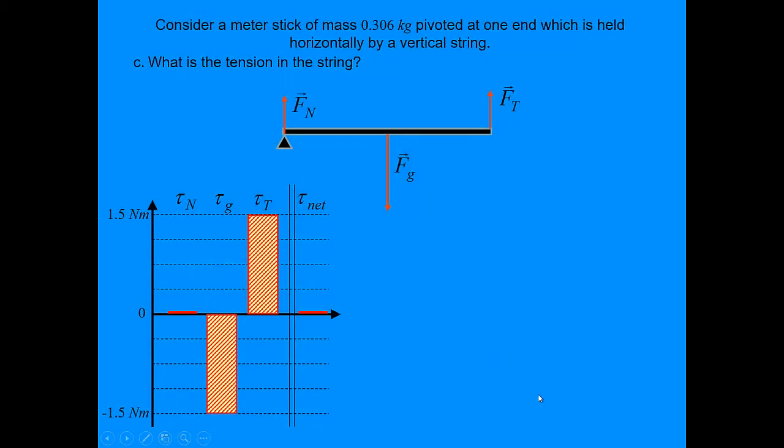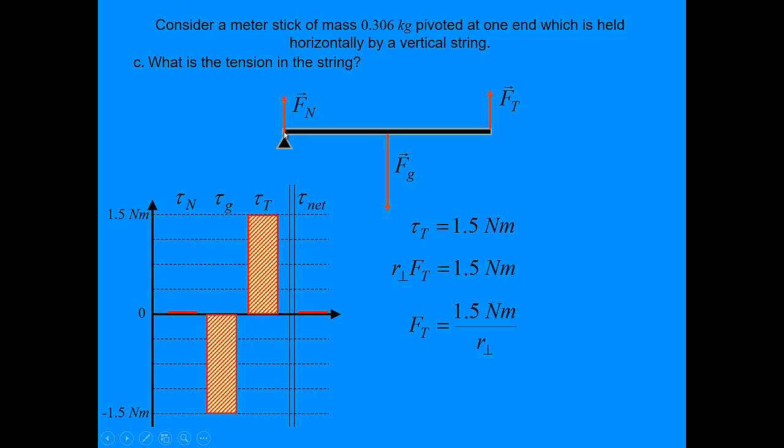So let's now find how big that tension in the string is. We know that it's 1.5 Newton meters. We also know that it's the lever arm times the force of tension. So if we solve, but what's the lever arm for the force of tension? Well, it's on this end of the meter stick, and the pivot point's over here, on the other end.